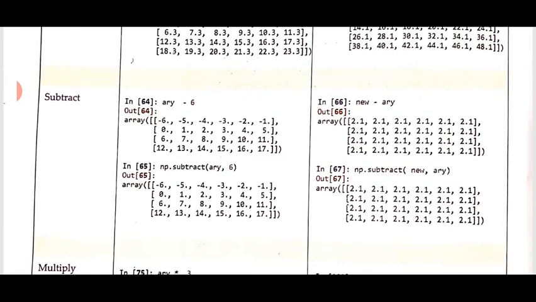Like that, subtract also. ARY minus 6, or np dot subtract ARY comma 6, means subtract 6 from the elements of ARY. Easy. Now multiply also, on all the elements. What is this? This is known as vector operation.